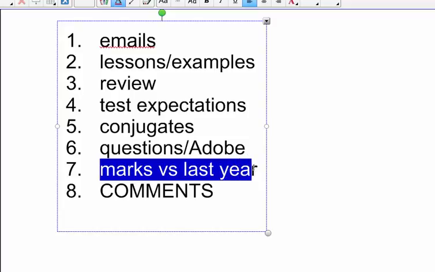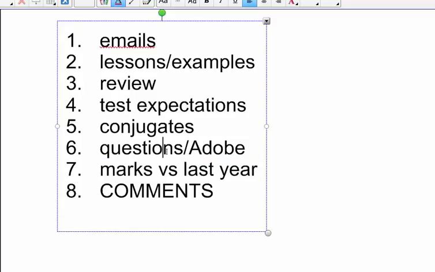And I'm jumping around a bit. I don't know if I actually answered this, but one other area where I tend to get feedback, of course, is in how students are doing on tests versus their marks last year. And I did check that recently. I checked it earlier in the year, of course, but the marks were quite high earlier in the year, so they were very much in favor of this year versus last year.